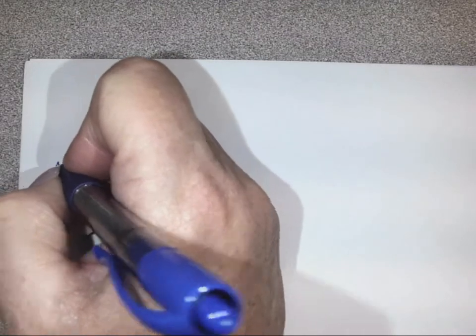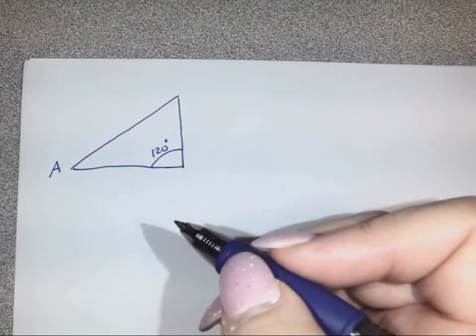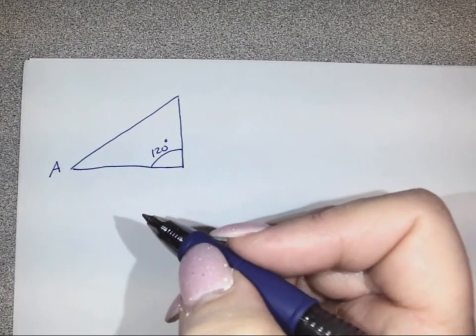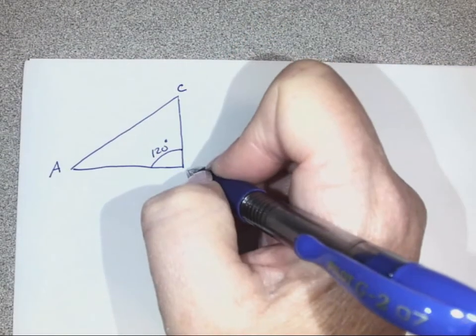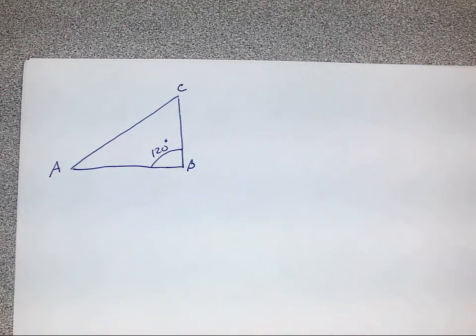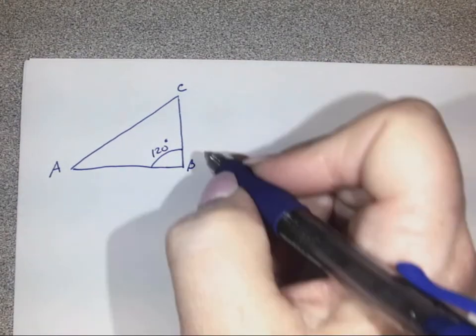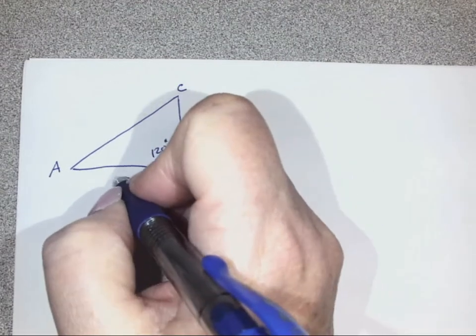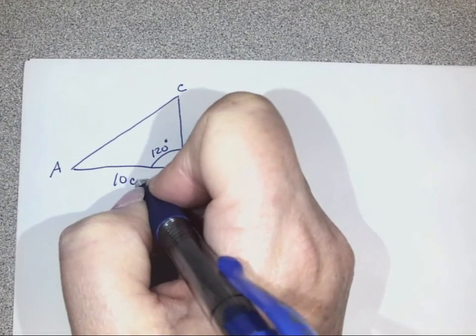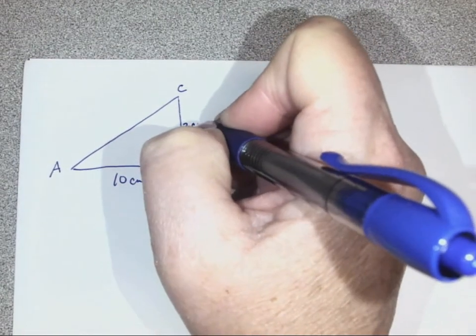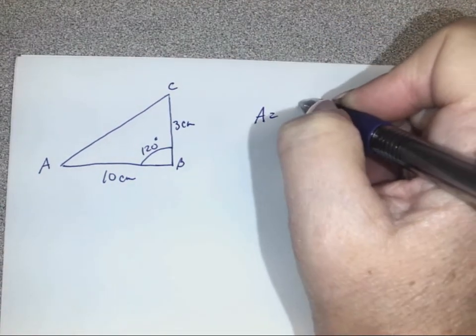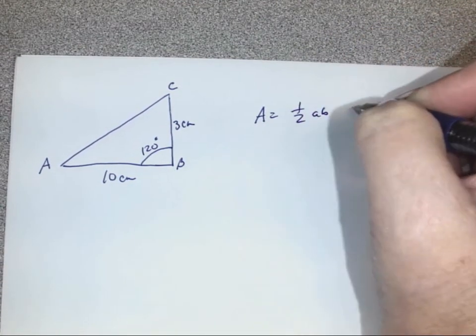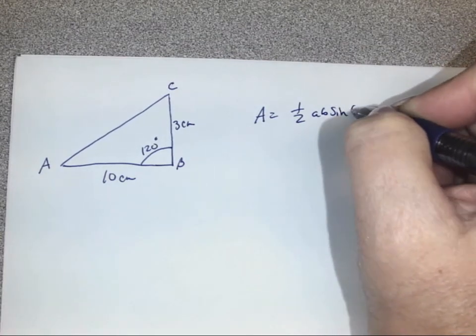And again, we have A, and we've got our angle C, and we'll call this B. Then we are told that this side is 10 centimeters, and this one is 3 centimeters. The area is equal to 1/2 A times B sine theta.